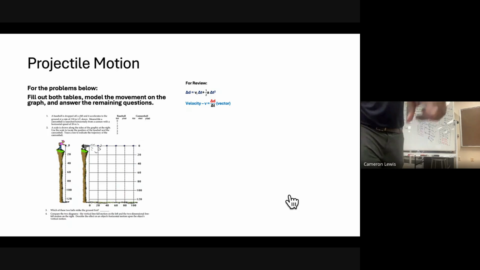Let's look at how they want us to graph it over here. I want to come down here. What do I have? 1, 2, 3, 4, 5. Because that's a 0. And then 1, 2, 3, 4, 5, 6, 7.